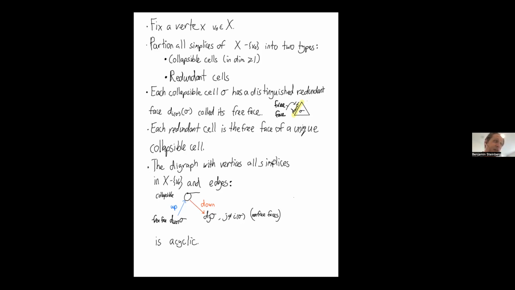I build a digraph whose vertices are all the simplices other than my distinguished vertex V0, and I have two sorts of edges. I have up edges and down edges. An up edge goes from a redundant cell, which is the free face of, say, sigma, to sigma. So sigma is collapsible, so it has a free face, and I draw an up arrow, which I'm making blue.